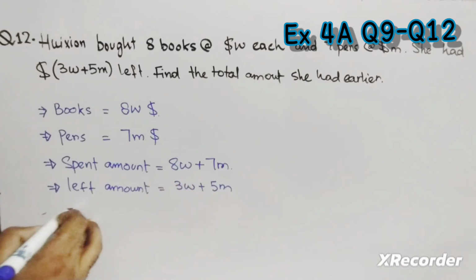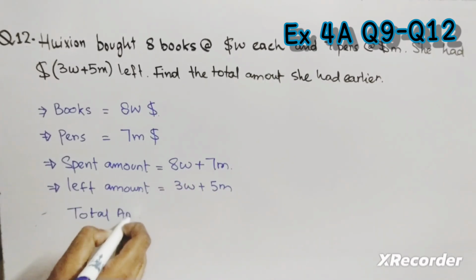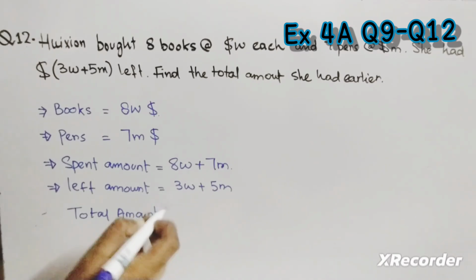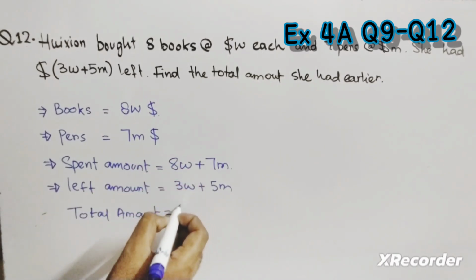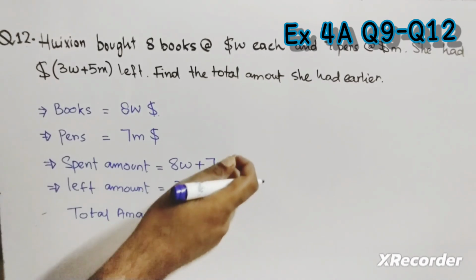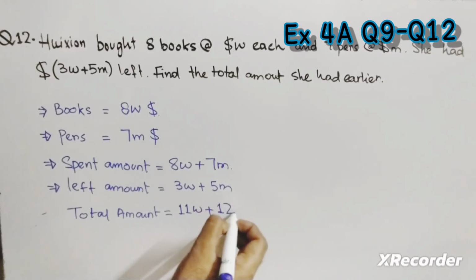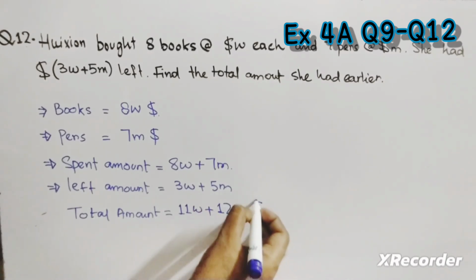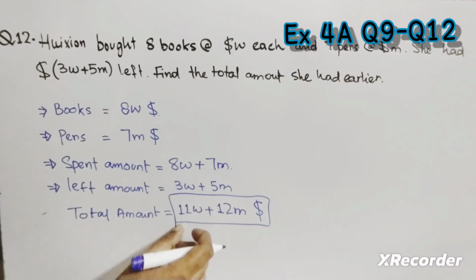So the total amount will be the sum of these two amounts, that is 8W plus 3W is 11W, plus 5M plus 7M becomes 12M in dollars. So this is our required answer.